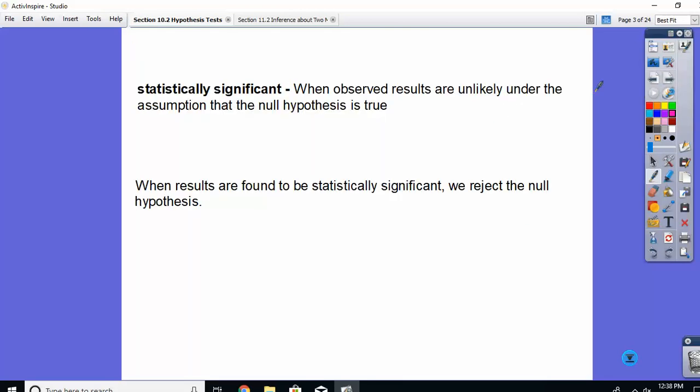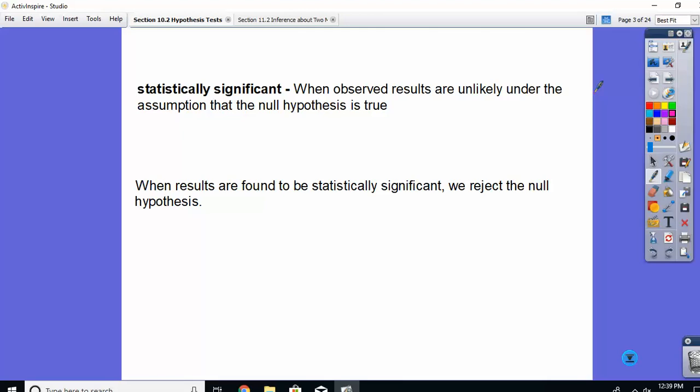We'll talk about statistically significant. What that means is the results are unlikely under the assumption that the null hypothesis is true. The null hypothesis, that's something I am going to assume is true unless you can convince me otherwise.